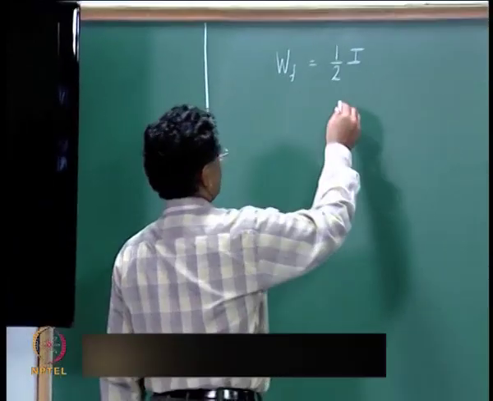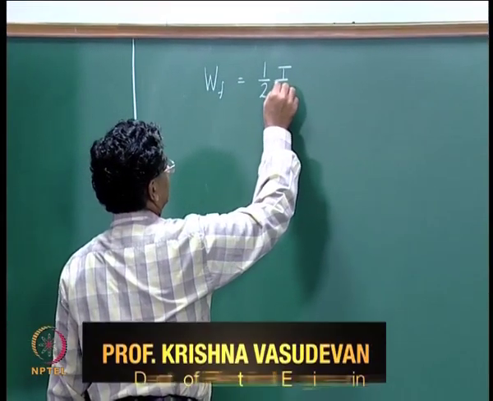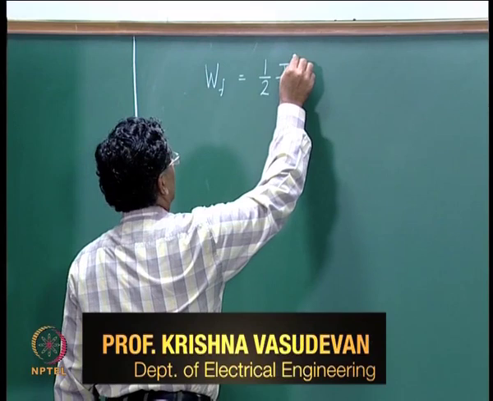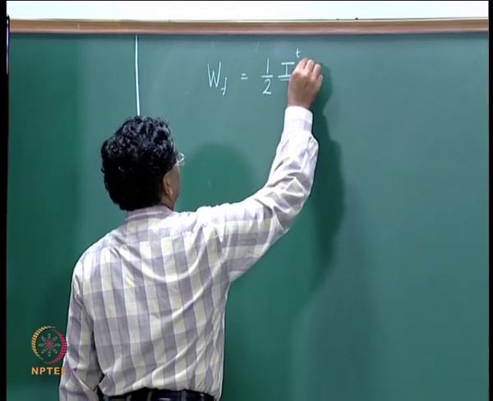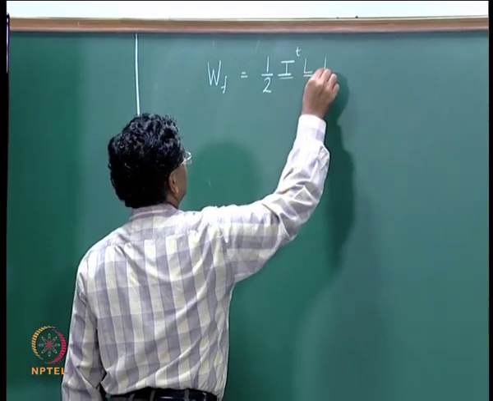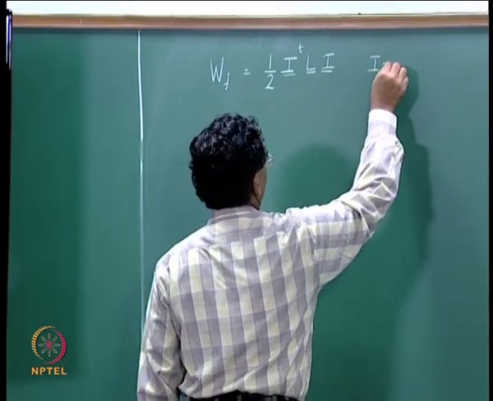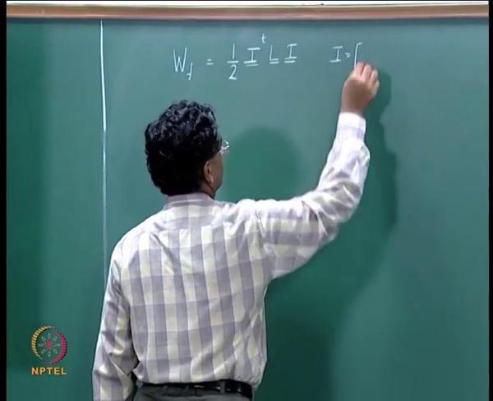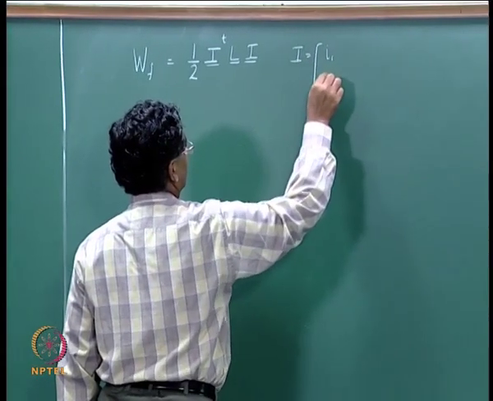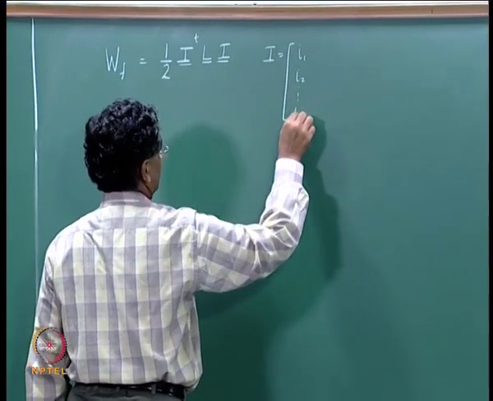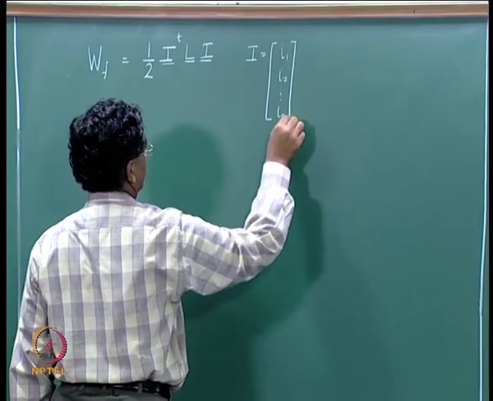So, if I is a vector, then Wf is half I transpose, inductance matrix, multiplied by I, where I is a vector of input currents I1, I2, etc., maybe up to In.